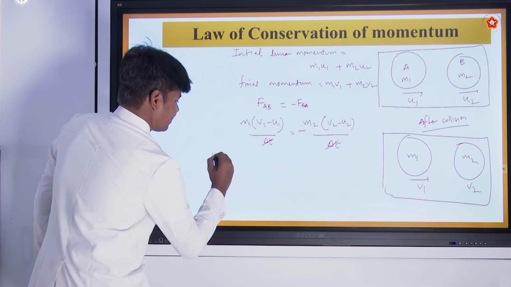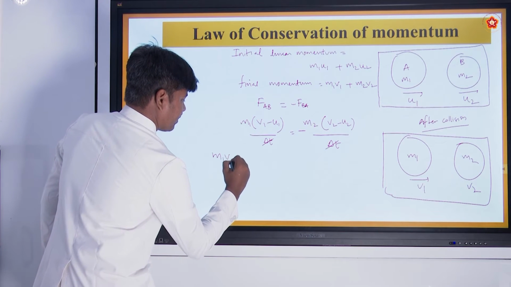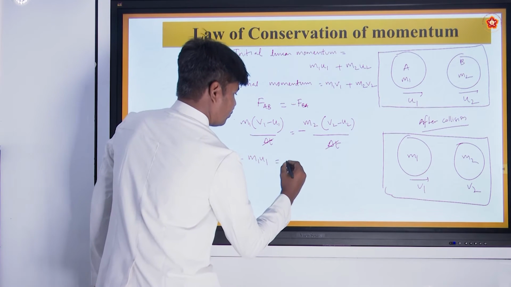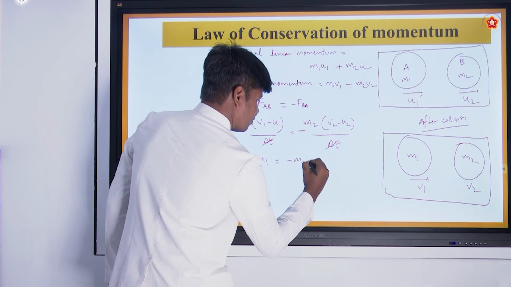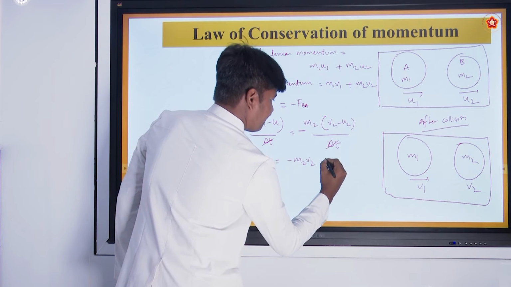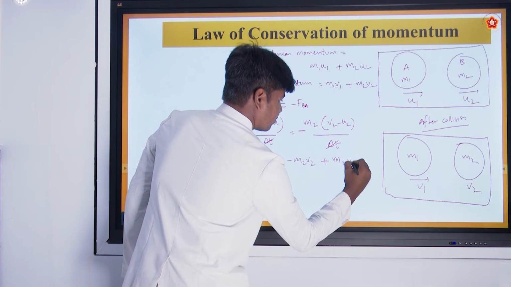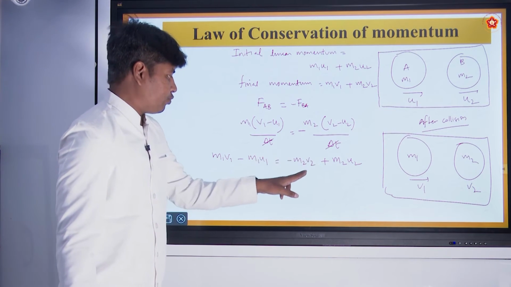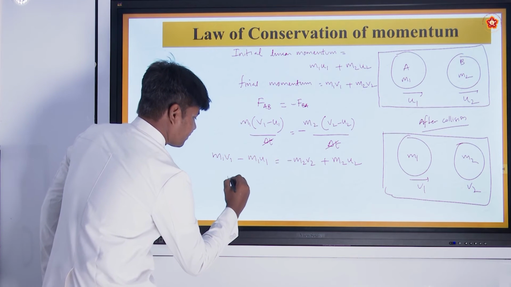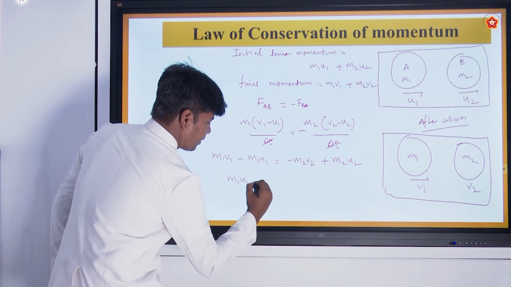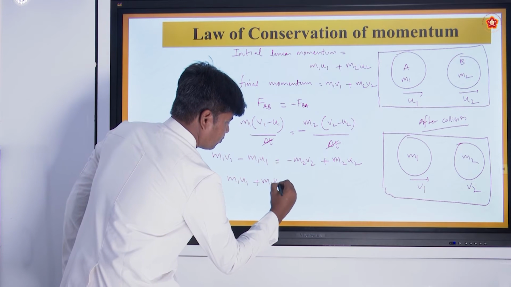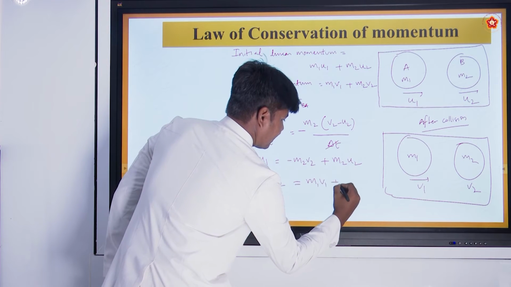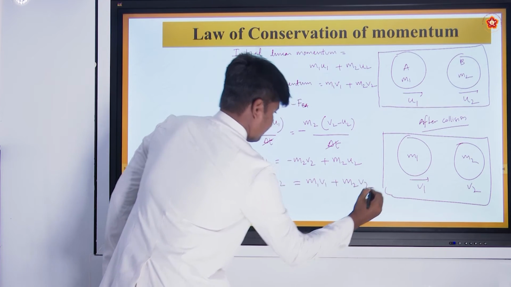So if you rearrange this, m1 v1 minus m1 u1 is equal to minus m2 v2, minus into minus, plus m2 u2. Take this m1 u1 to that side and take this m2 v2 to this side. You will end up with m1 u1 plus m2 u2 is equal to m1 v1 plus m2 v2.